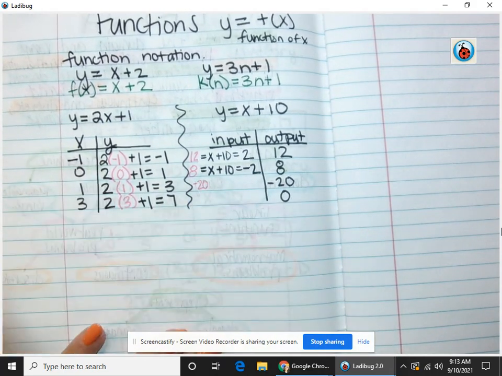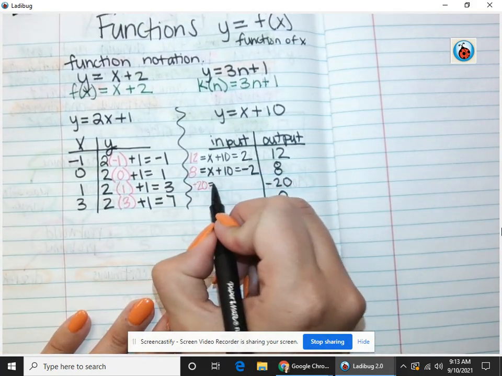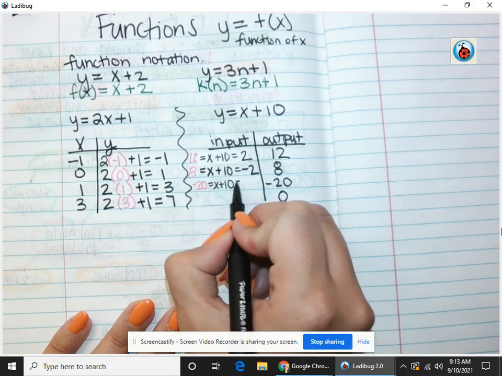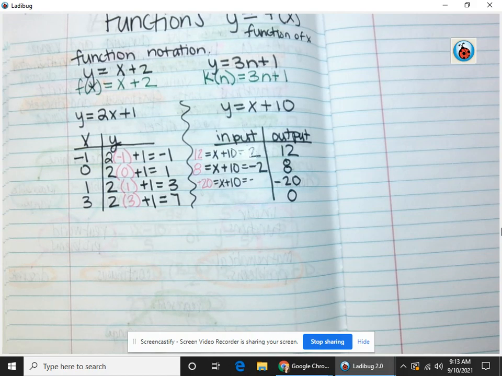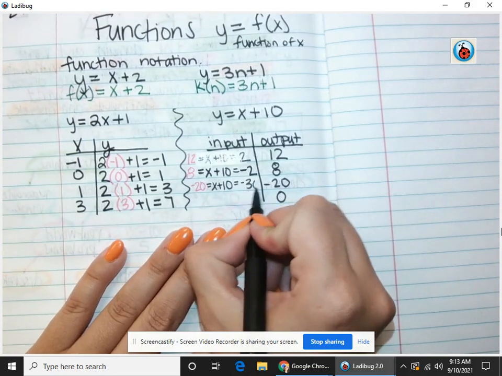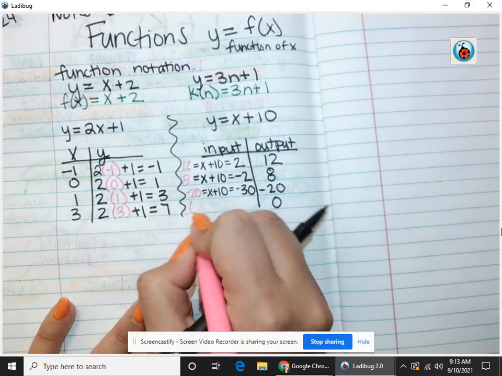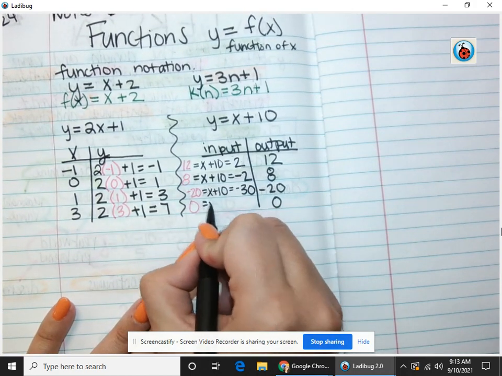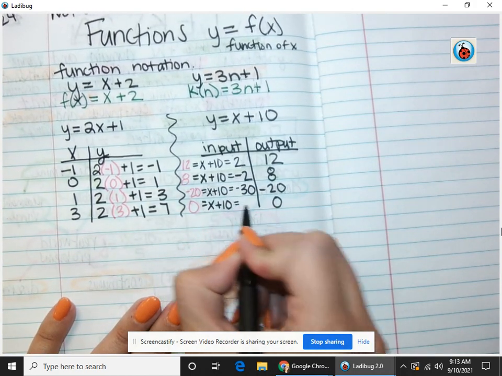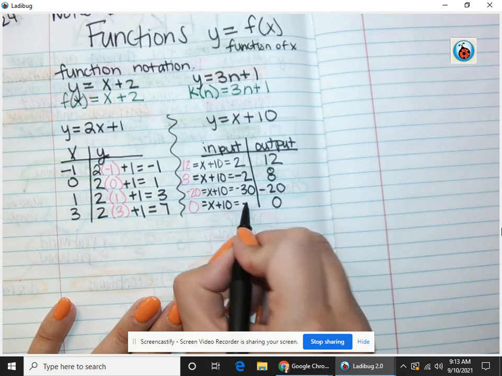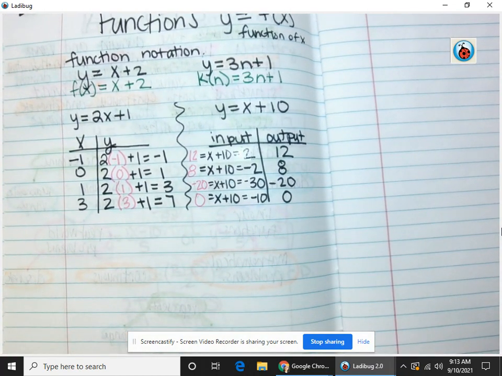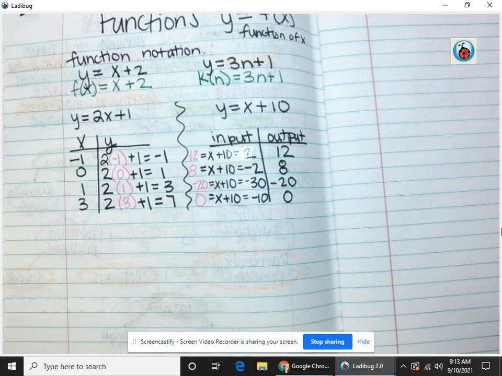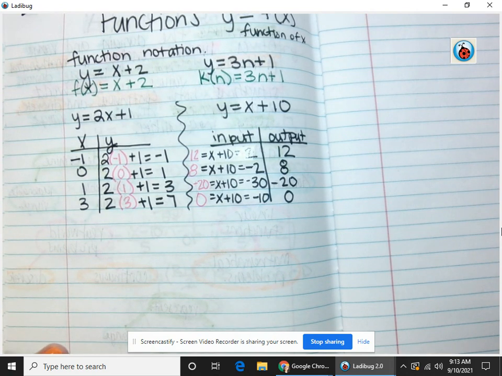When my y is negative 20, I subtract 10: negative 20 minus 10 is negative 30. And when it's 0, I move my 10 and I get negative 10. So these are just a couple of different ways. It's not super difficult.